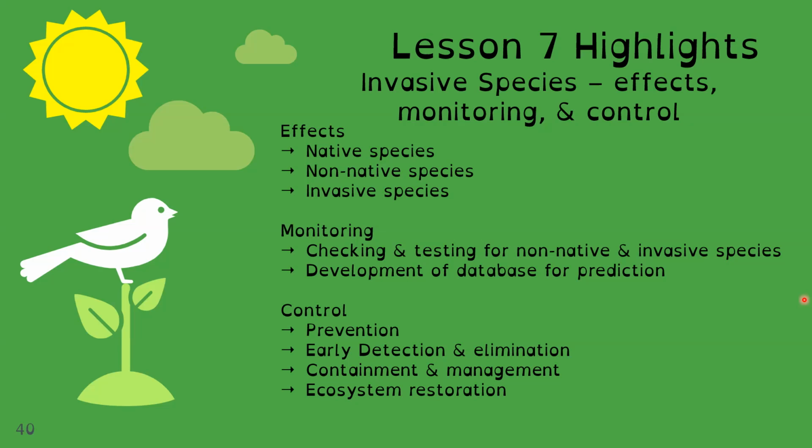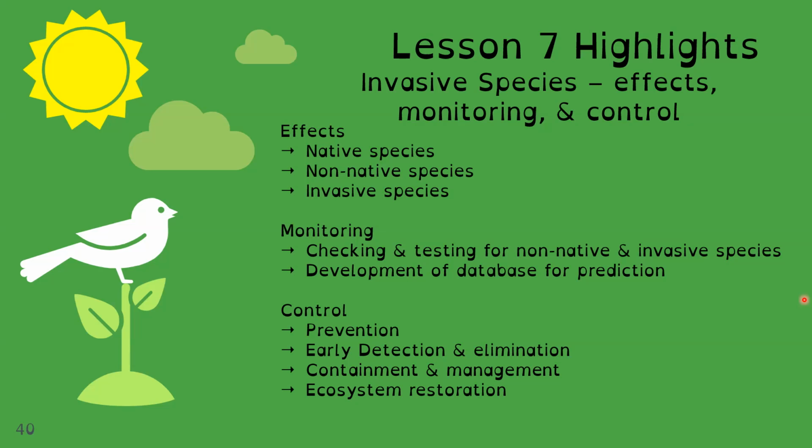So if an invasive species does manage to come in, then detecting it and eliminating it as soon as possible, if possible. Then the third tactic is containment and management. So if we cannot eliminate it, or we've realized too late that an invasive species is already thriving in an area, then how do we contain it and manage it?